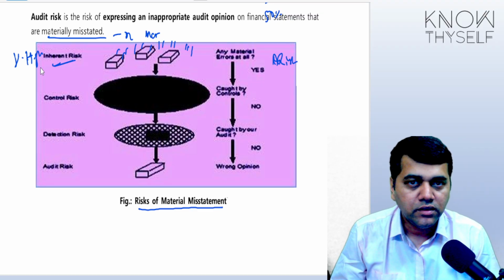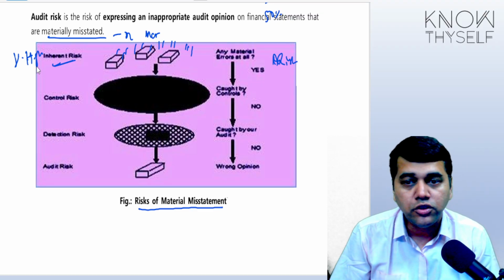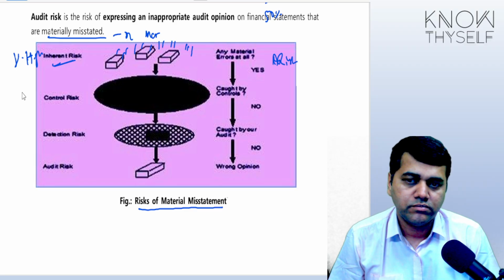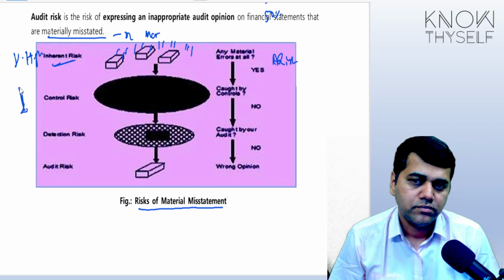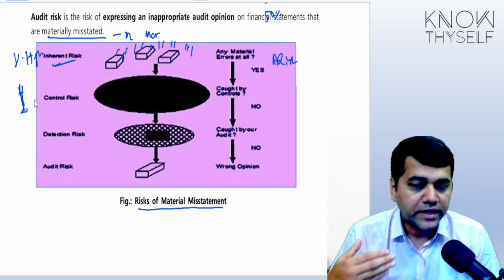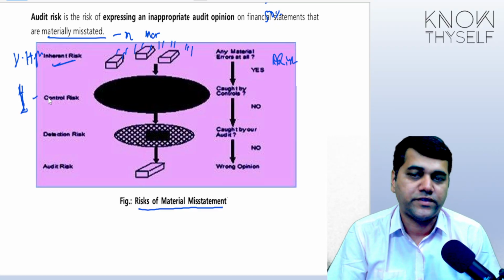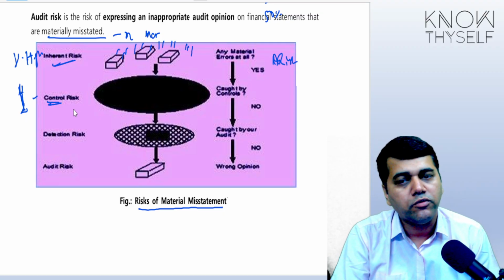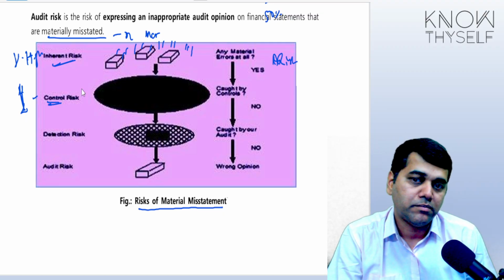Can you stop the rain? No. Can you predict the rain? No. The best thing, you take one umbrella. Taking one umbrella is called controls. But is it there that you would have taken the umbrella always? No. Sometimes you might have forgotten.